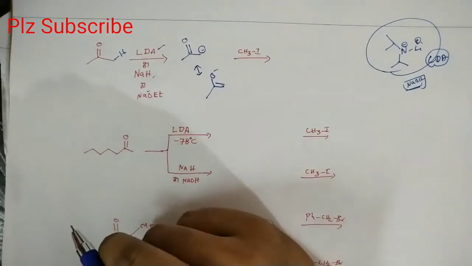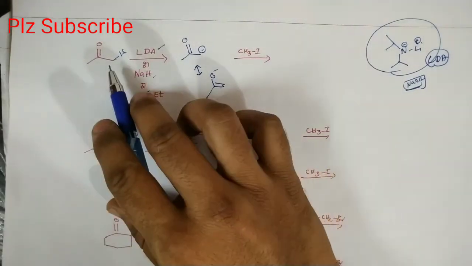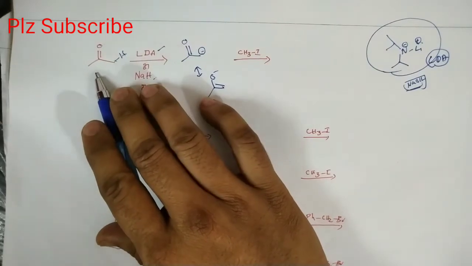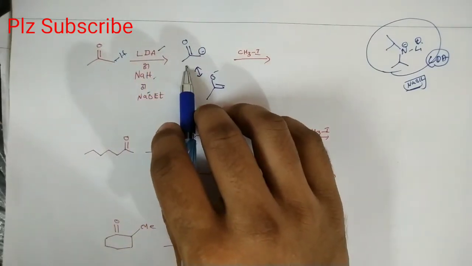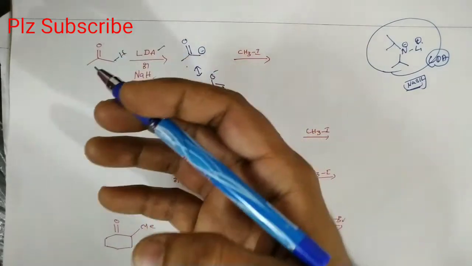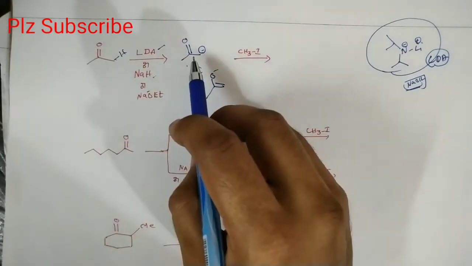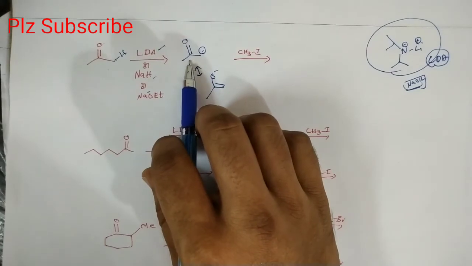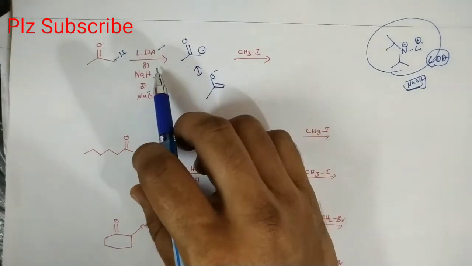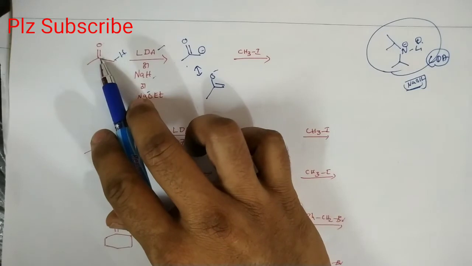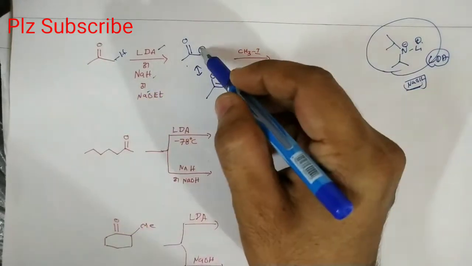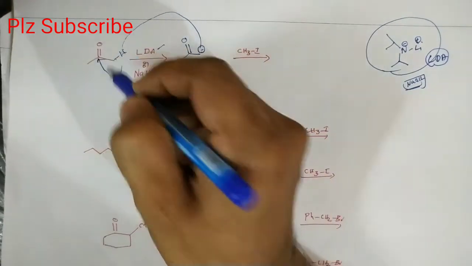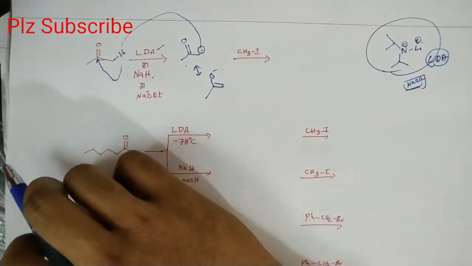Why? Because if the total amount of this carbonyl compound is not converted into the enol form, we can get the aldol reaction. Suppose some amount of this ketone is converted into enolate, that means carbanion, and some amount remains. Then this nucleophile attacks this carbon, that means an aldol type reaction takes place.